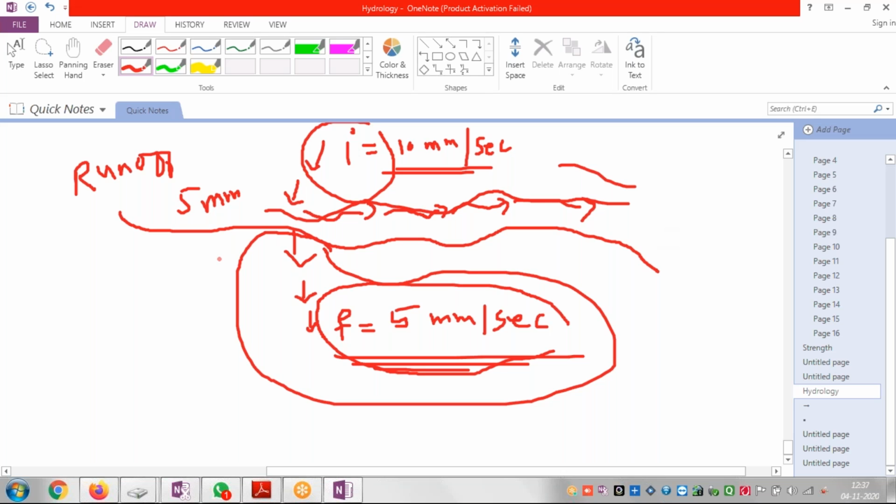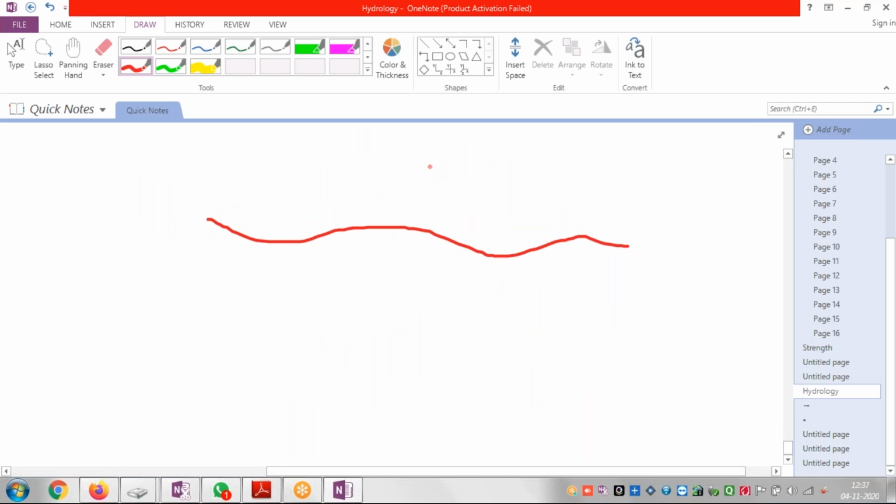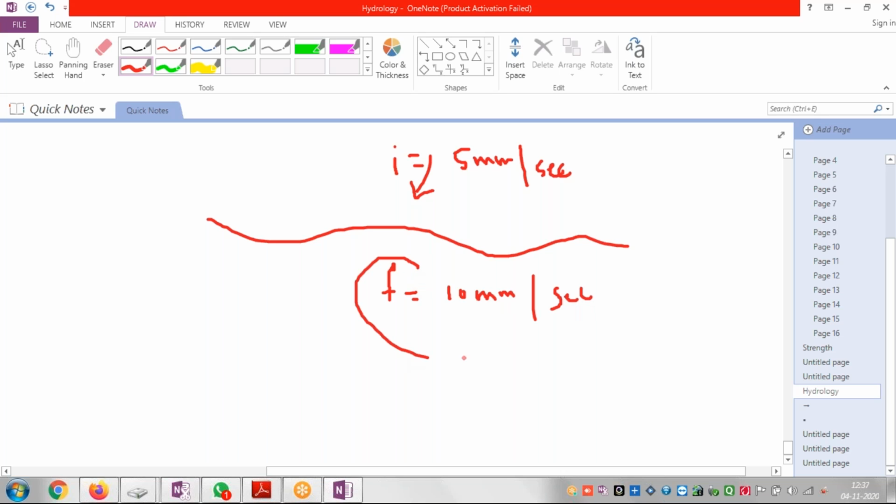But suppose rainfall is coming with an intensity of 5 mm per second, and this is my soil, and the soil's infiltration capacity is, say, 10 mm per second. 10 mm per second means the capacity of the soil to absorb water is more.